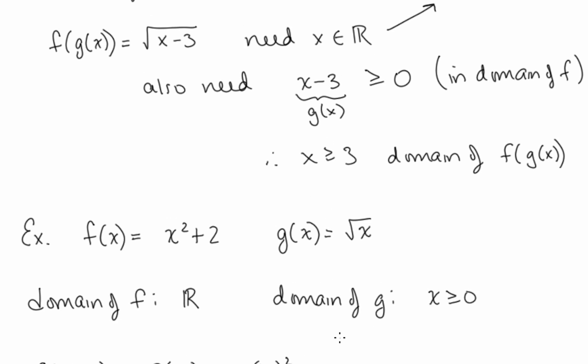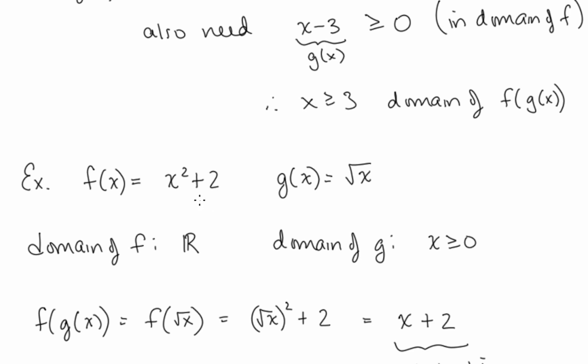Another example, f of x is equal to x squared plus 2, g of x is equal to radical x. The domain of f is all reals. The domain of g is x greater than or equal to 0. Let's take a look at the composition f of g of x.